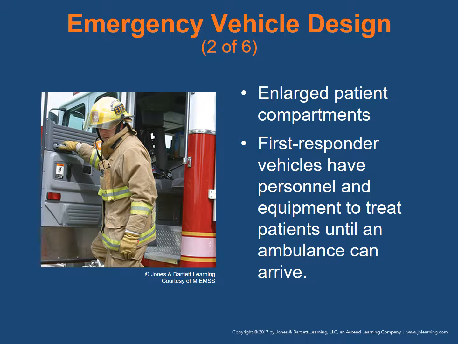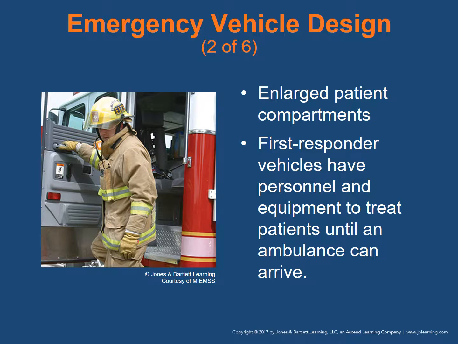When a fire crew gets on scene and they assess or extricate a patient and they radio dispatch and tell them we need a rescue or an ambulance, they're calling for a vehicle with a patient compartment large enough to fit a gurney that locks into the floor, so that they can transport the patient from the scene to the hospital or whatever the destination is.